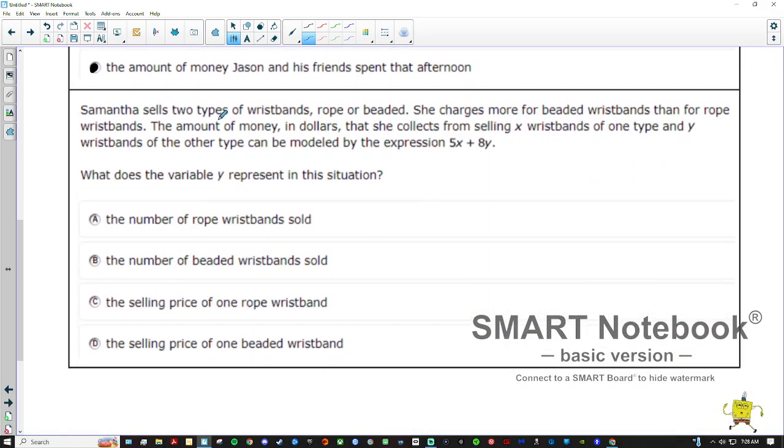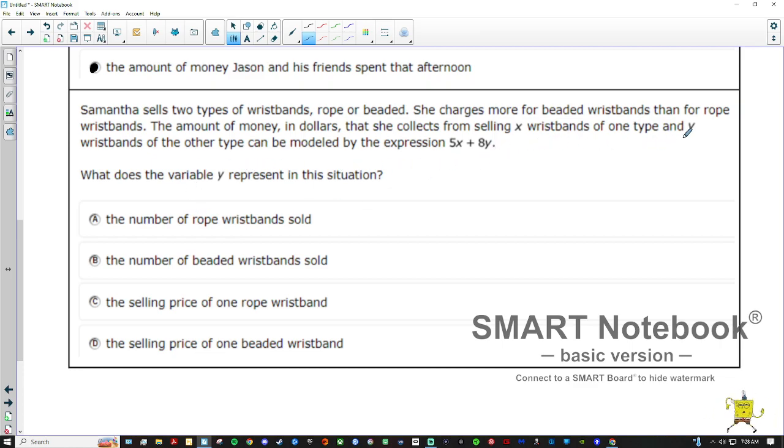All right, Samantha sells 2 types of wristbands, ropes or beaded. She charges more for beaded wristbands than for rope wristbands. The amount of money in dollars that she collects from selling X wristbands of one type and Y wristbands of the other type can be modeled by the expression 5X plus 8Y. What does Y represent?